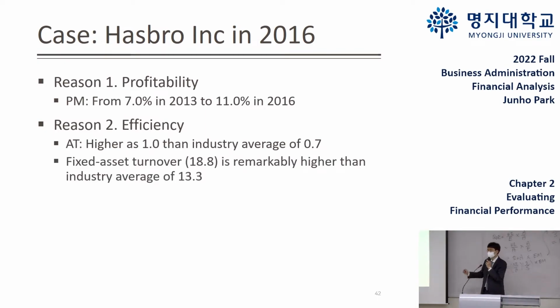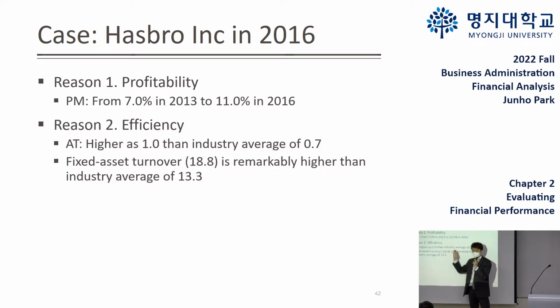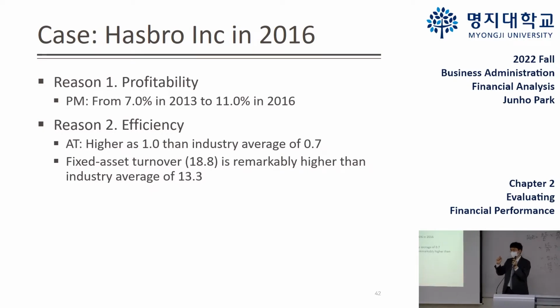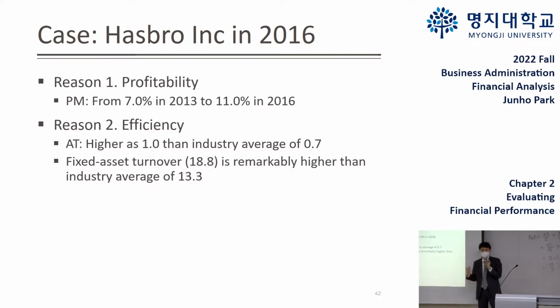We can also take a look at other measures. For example, even though I didn't mention it during the class, we can calculate the fixed asset turnover, and it is very high compared to its industry average. It means that, especially for the fixed assets, it is using them more effectively.